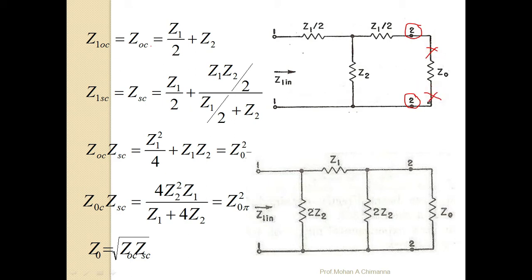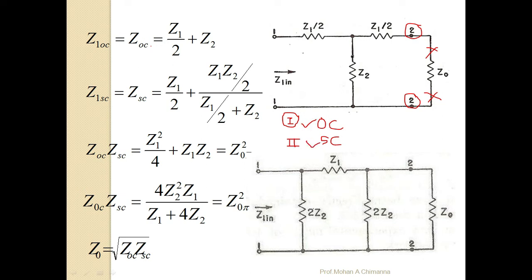The first condition is the open circuit, and the second condition is the short circuit. One case is for the open circuited and another case is for the short circuited.